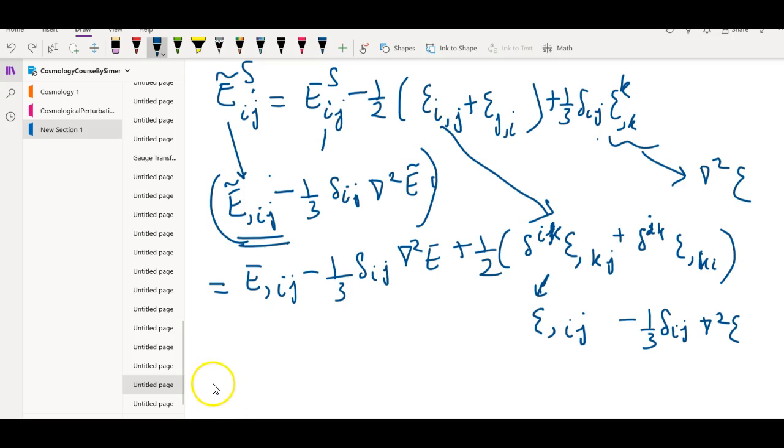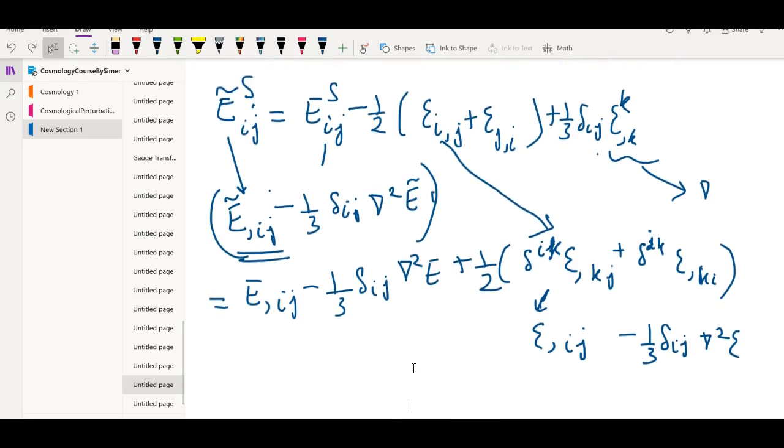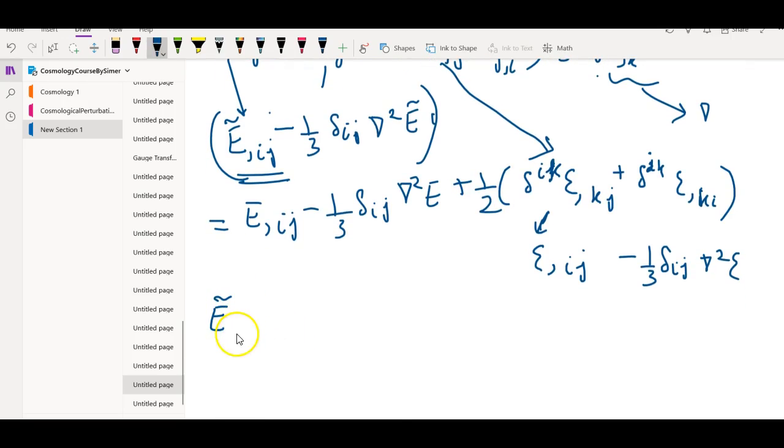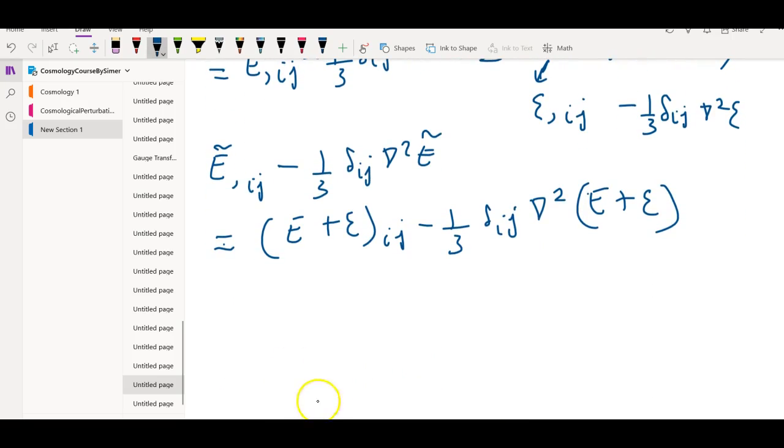So when we write it like this, we can very easily see that we will get e tilde ij minus 1 by 3 delta ij del square e tilde is equal to e plus xi ij minus 1 by 3 delta ij del square e plus xi.